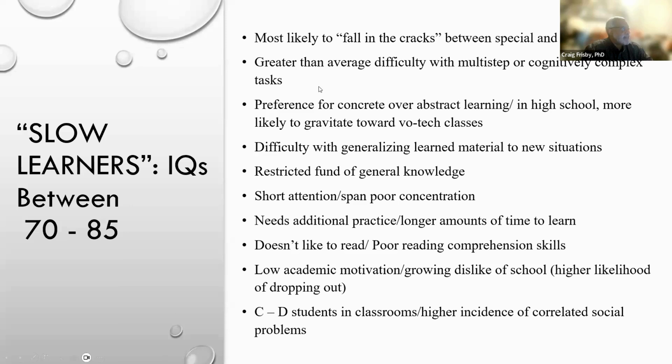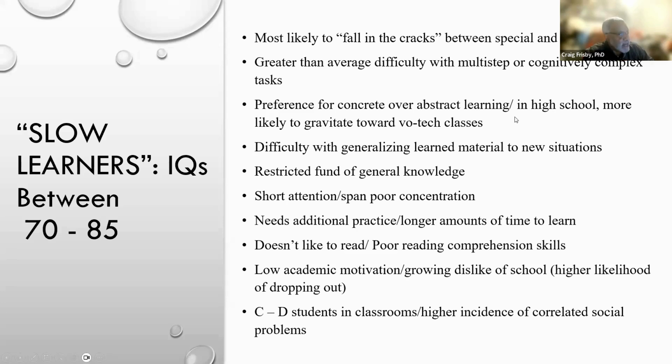These kids between 70 and 85 have a greater than average difficulty with multi-step or cognitively complex tasks. They have a preference for concrete over abstract learning in high school, and they're more likely to gravitate to vo-tech classes.